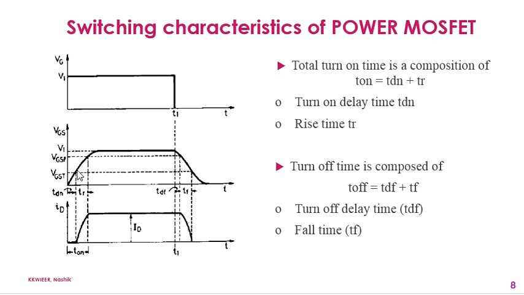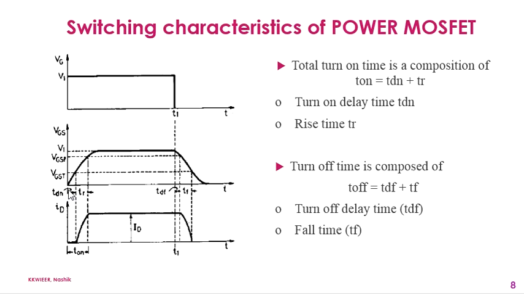And the rise time is a further delay of TR, during which the gate to source voltage rises from VGST to VGSP. This time duration is called the rise time, where the actual rising takes place. So this is TR.